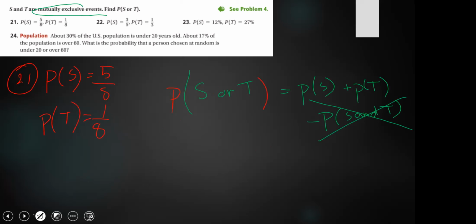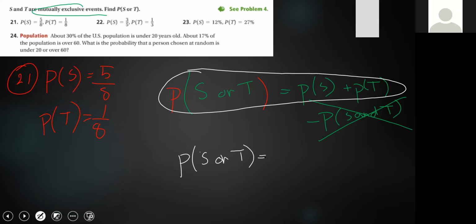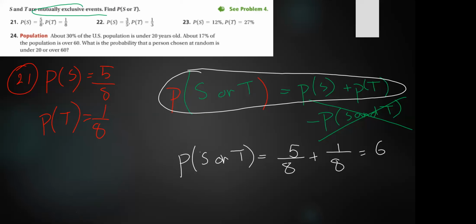So, the probability of S or T will be the probability of S plus the probability of T. What is the probability of S? 5/8. And the probability of T? 1/8. So, which is 6/8 or 3/4.